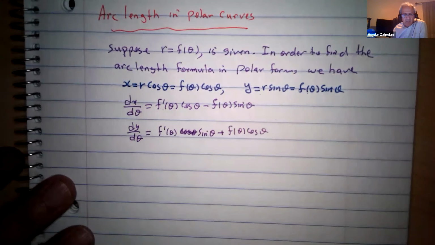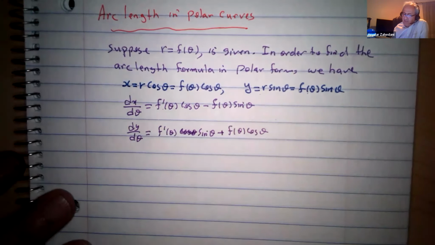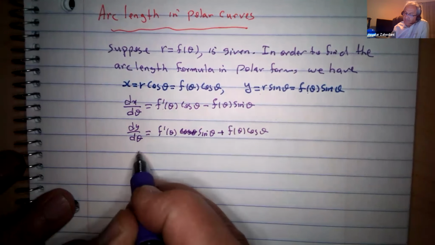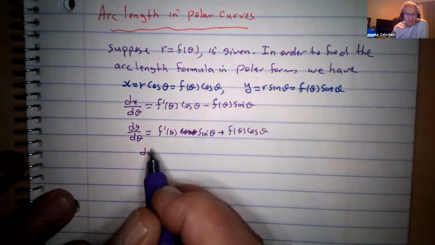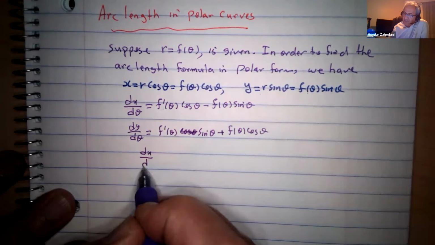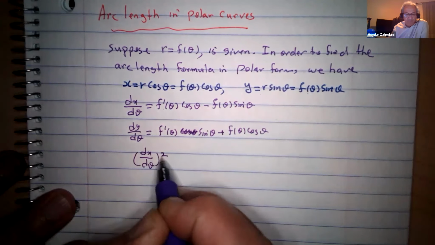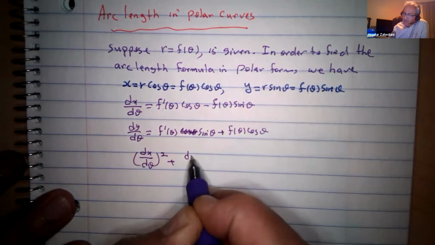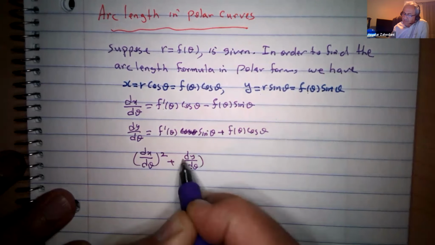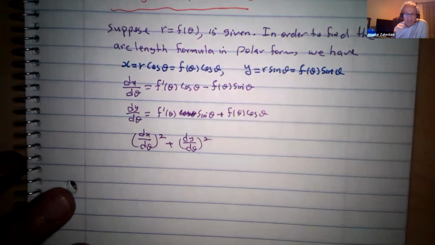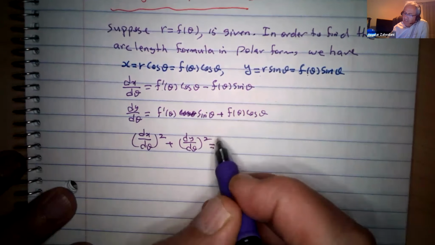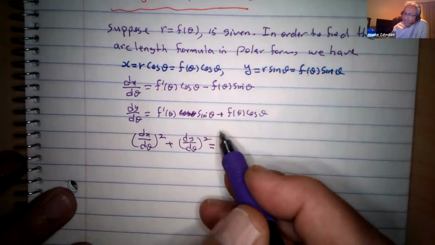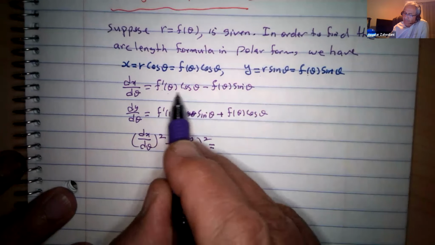Now to get the arc length formula, we need to find the length of these. It's a kind of particular identity: dx d theta squared plus dy d theta squared. It takes a bit of algebra to simplify it.